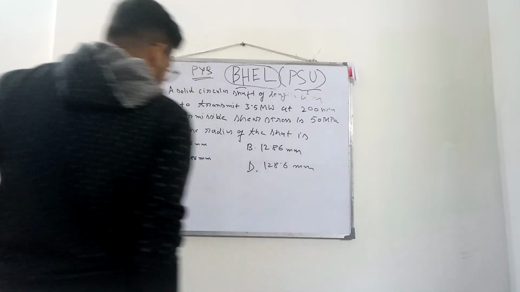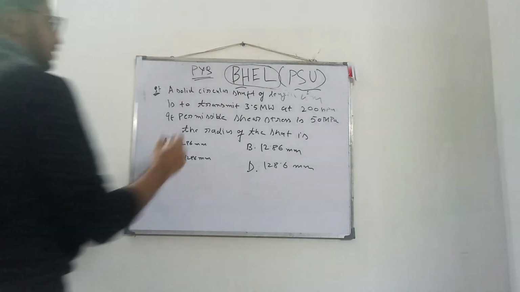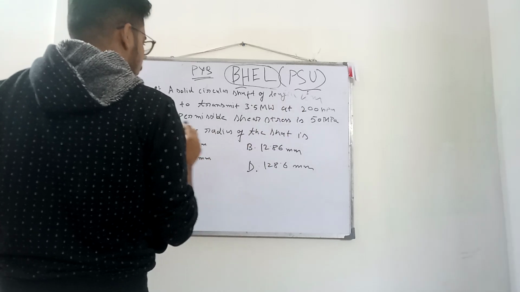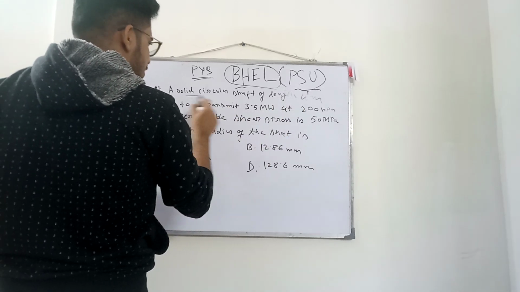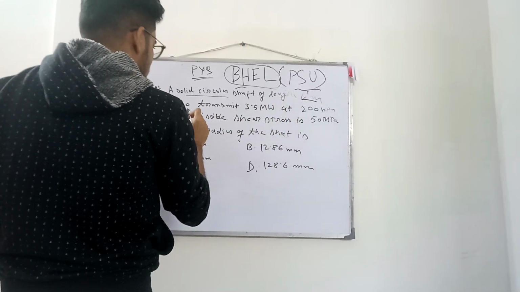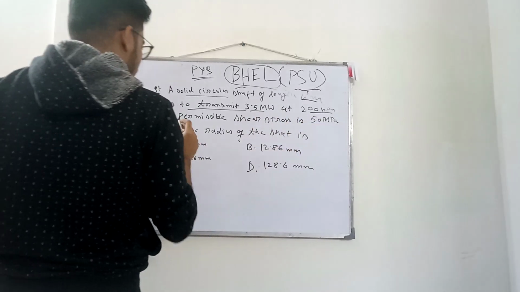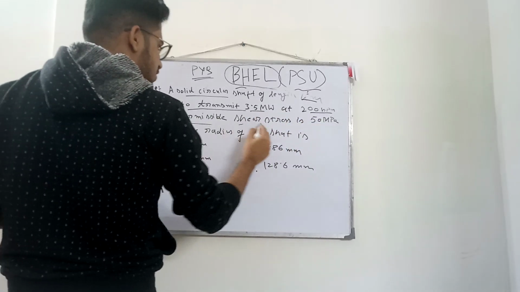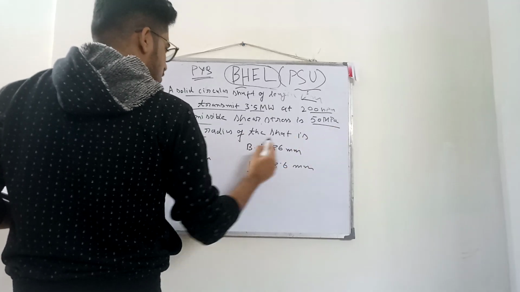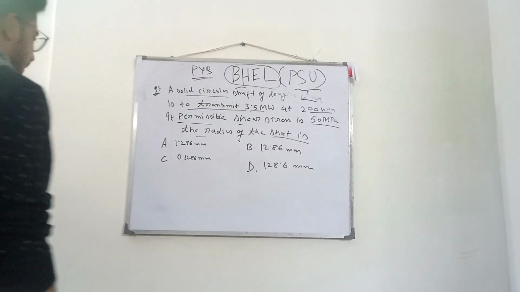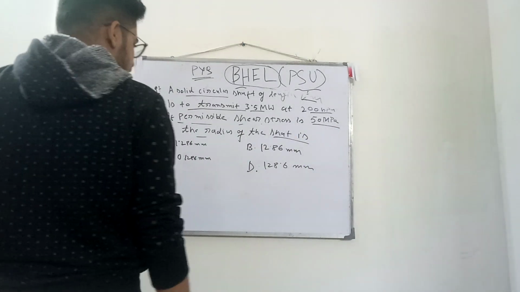Okay, so this is the question. A solid circular shaft of length 4 meter is to transmit 3.5 megawatt at 200 rpm. If permissible shear stress is 50 MPa, the radius of the shaft is what?